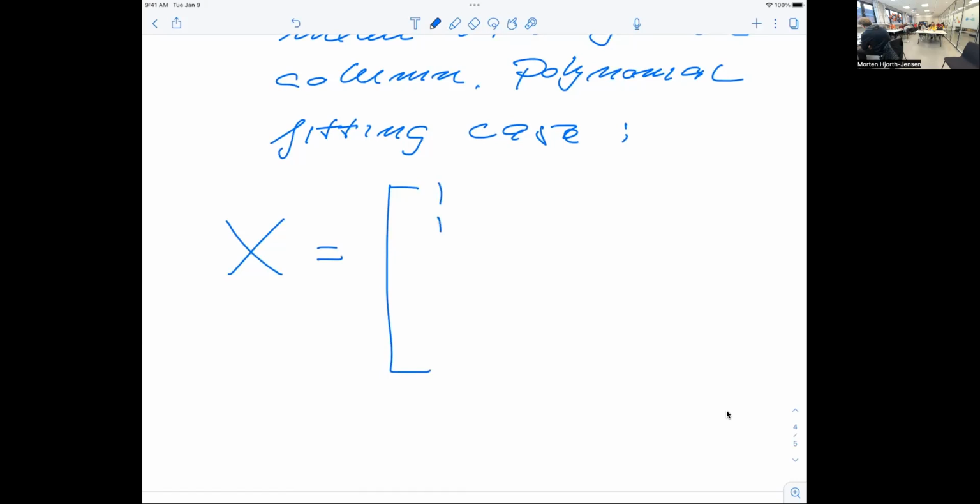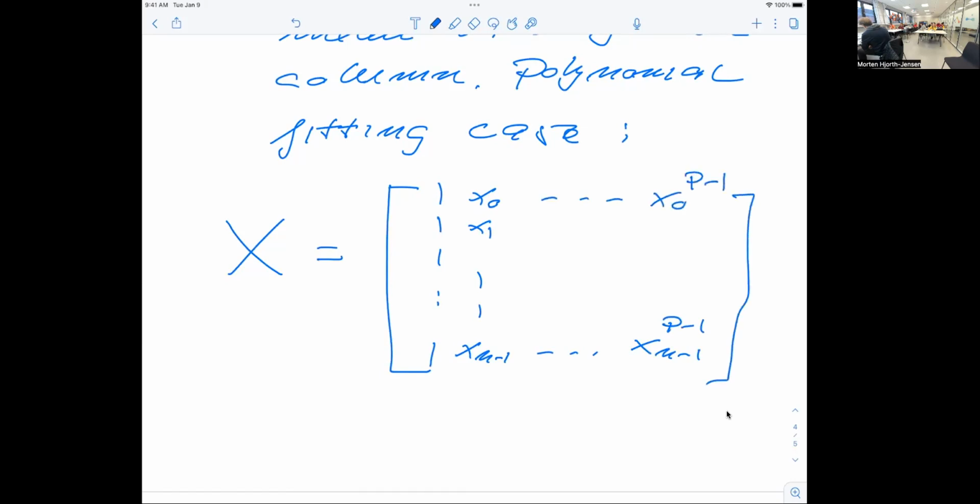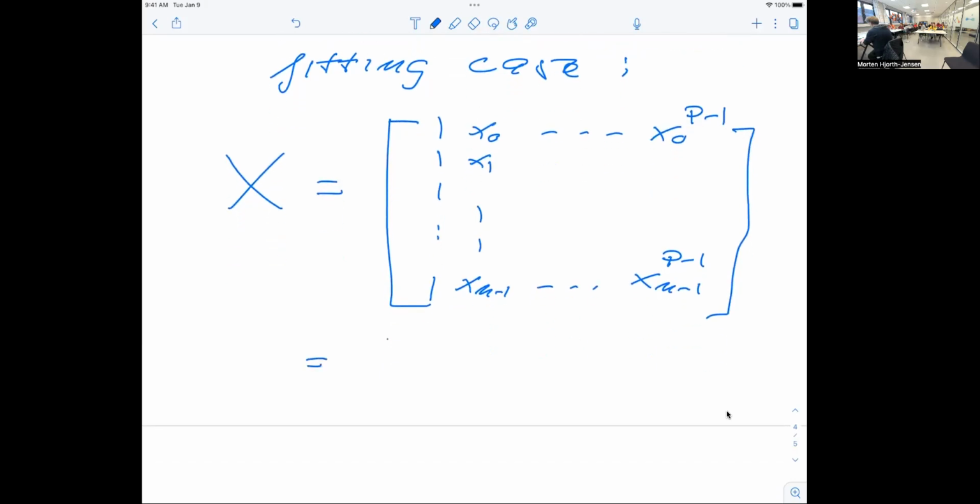We have 1, this is the intercept, then x0, x1, down to xn minus 1, and all the way to x0 to the power of p minus 1. What we could do now is simply to rewrite this with 1 here, and then we have the x. I'm just writing it like this.